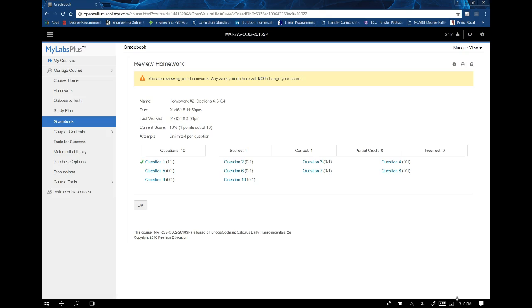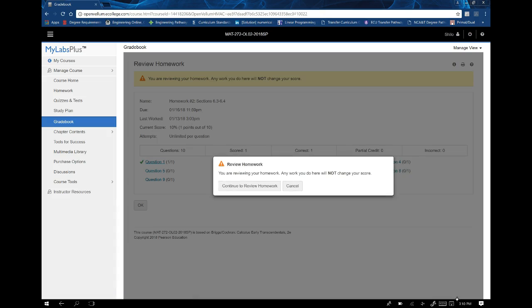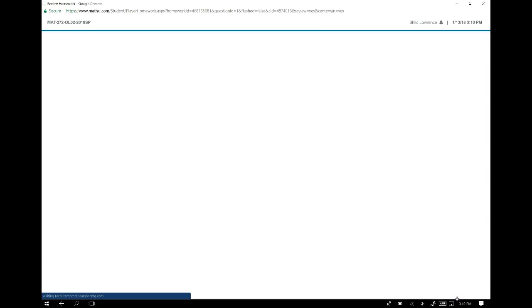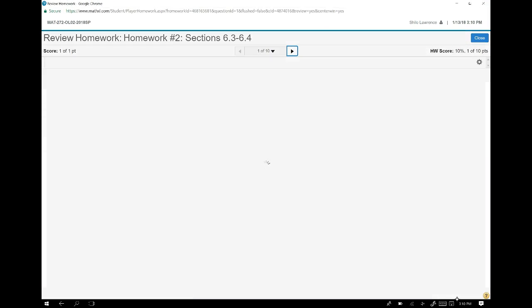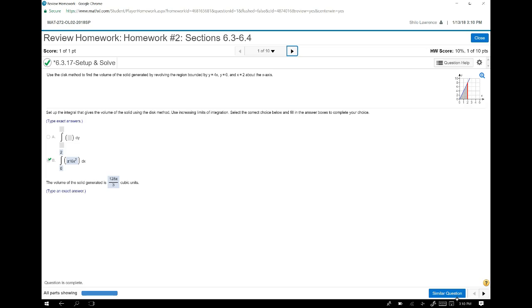Now, it's not going to change your grade on this assignment, but if you didn't do very well, continue to review homework. So it gives you a warning. It says any work you do here will not change your score. So yes, we understand that the homework has already been due. But to continue on in chapter 6, we really need to understand this.